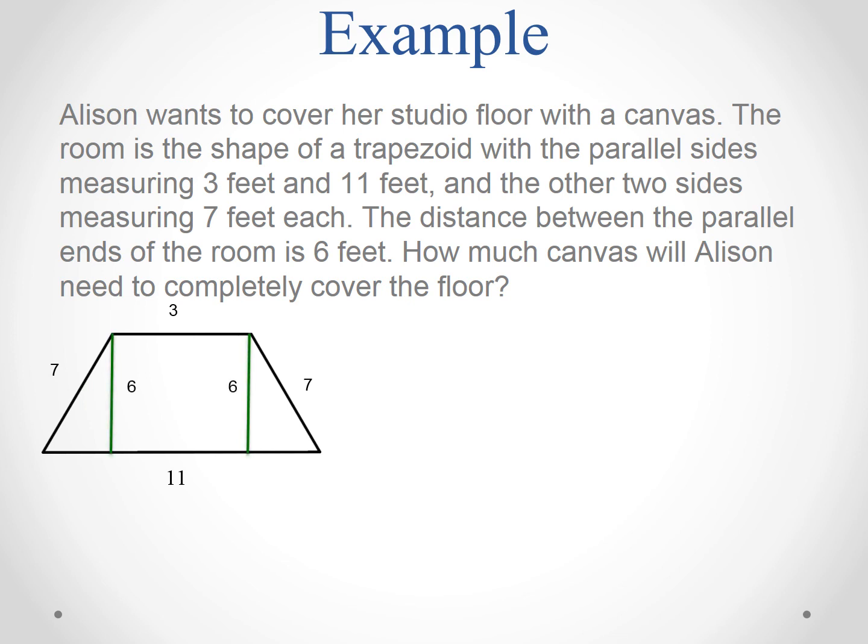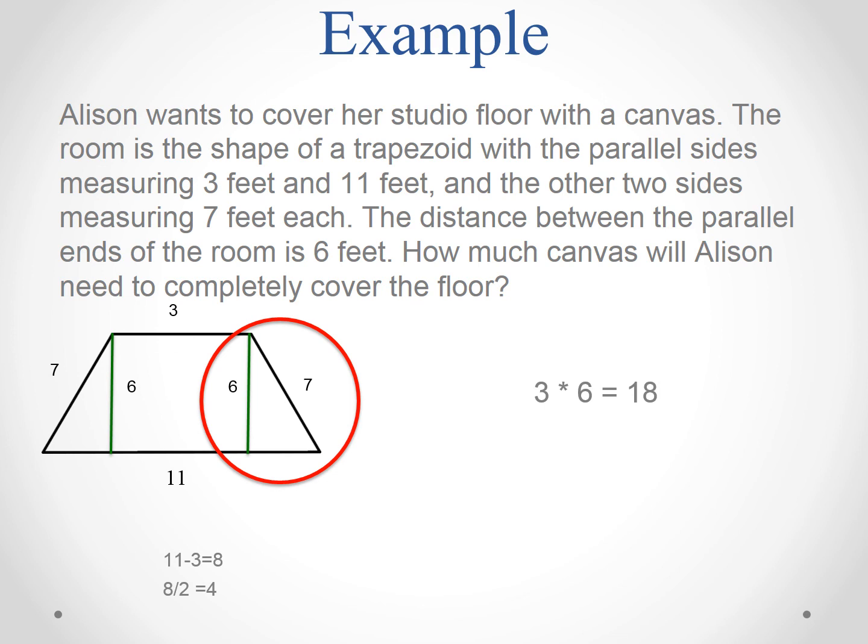First, we see that there is a rectangular shape here, so we do base times height, or 3 times 6, to get 18. Next, we have to find our triangular measure, but we don't have the base of the triangle, right? So in order to find that, we can do 11, the bottom base, minus 3, which is the top base, and we'll have those empty spots of 8 total.